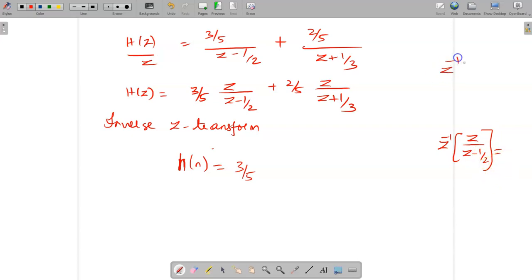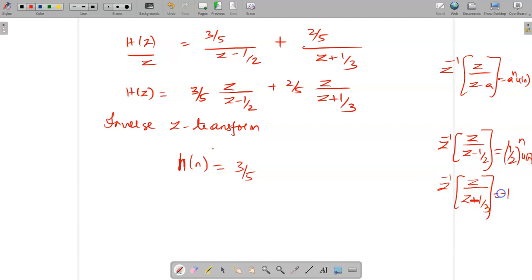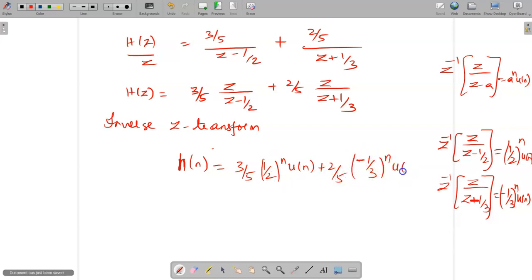General form z inverse of z by z minus a is a power n u of n. So here it is 1 by 2 the whole power n u of n. Similarly, z inverse of z by z plus 1 by 3 is minus 1 by 3 the whole power n u of n. So using that I can write it as 1 by 2 the whole power n u of n plus 2 by 5 is constant, minus 1 by 3 the whole power n u of n.